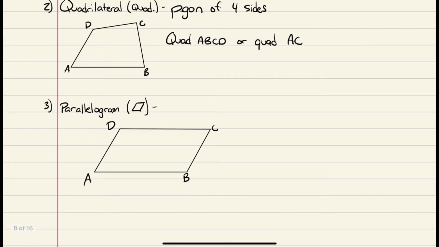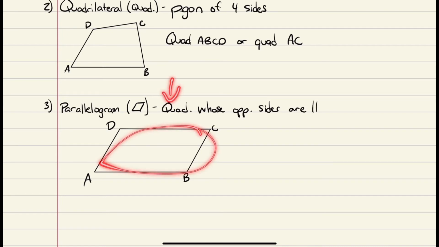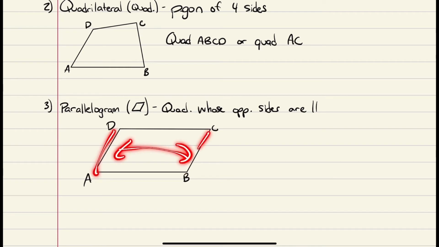All right, a parallelogram. Let's define parallelogram. It's a quadrilateral. So again, I'm not going to write out quadrilateral. A quadrilateral whose opposite sides are parallel. If we have a polygon of 4 sides, which is a quadrilateral, and the opposite sides are parallel, so AB would be parallel to DC, and the other opposite sides, AD and BC, are also parallel.